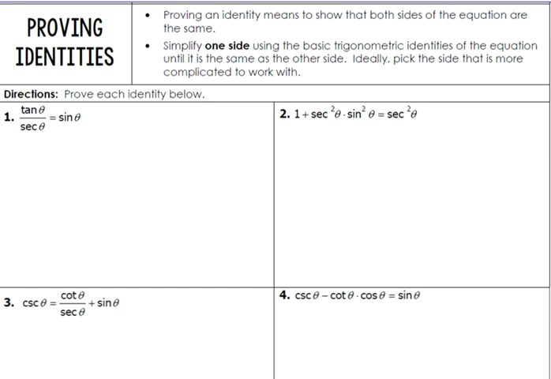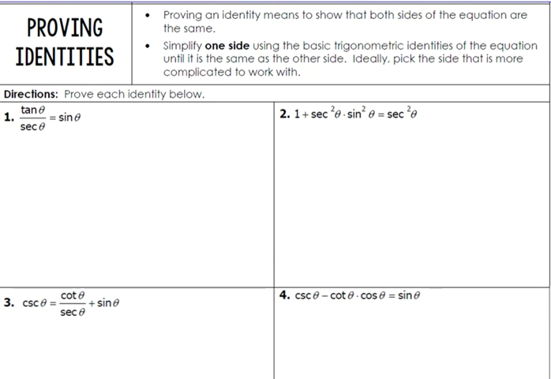Obviously, with a multiple choice test, they cannot test you beginning to end on simplifying or proving a trig identity, but they can ask you, well, what would you use to simplify this? What would you plug in to be able to prove this trig identity?